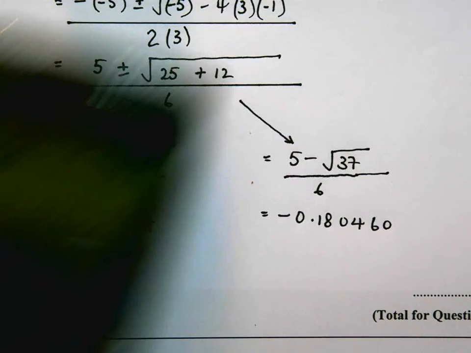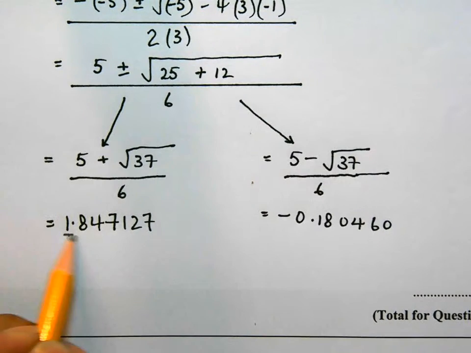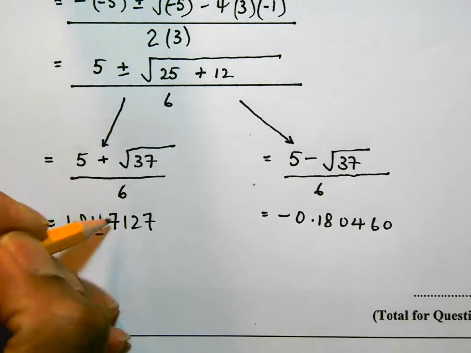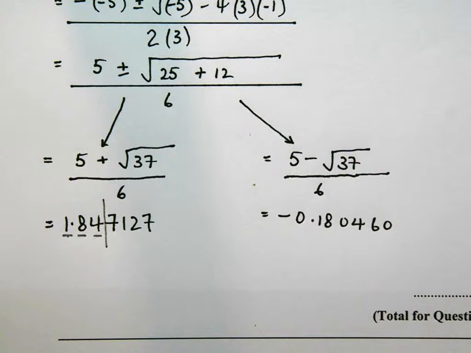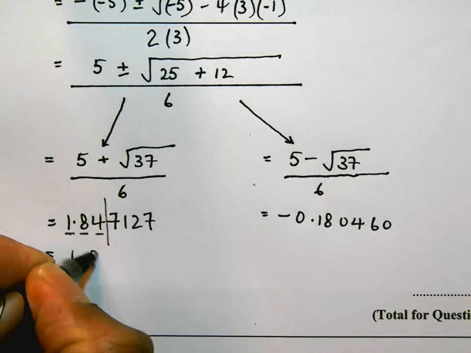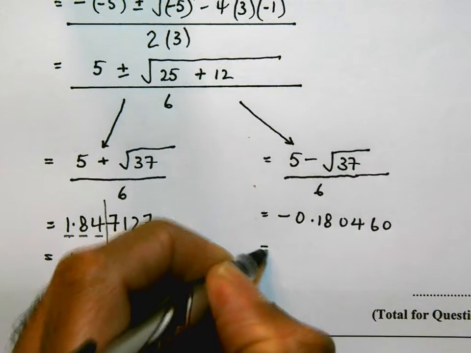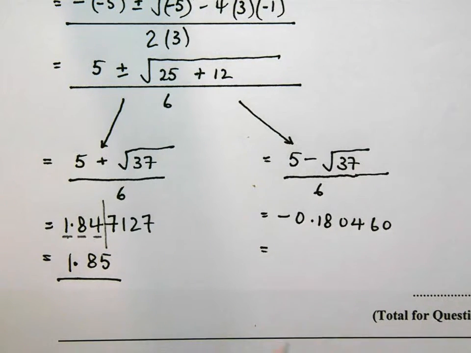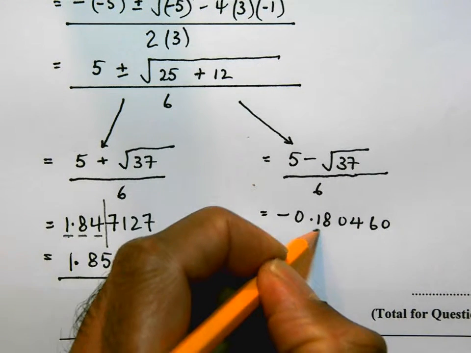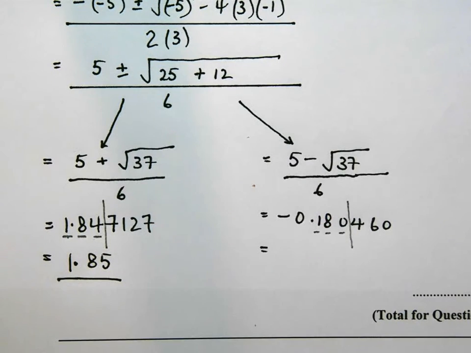Not forgetting that the question asked us to write the answer to 3 significant figures: 1, 2, 3. So I'm going to cut it off at this stage, and that answer is going to be 1.85. And this one, again counting from the first non-zero number, 1, 2, 3, I'm going to cut it off there.